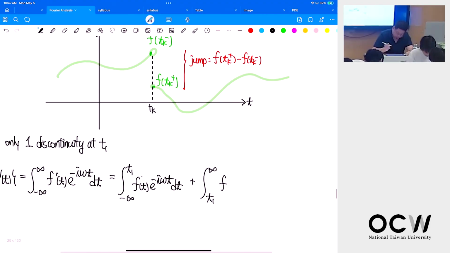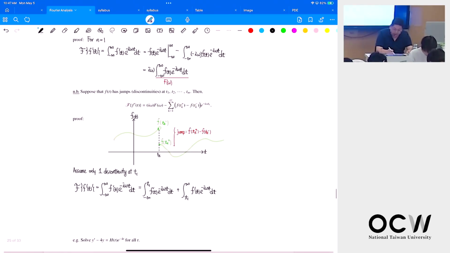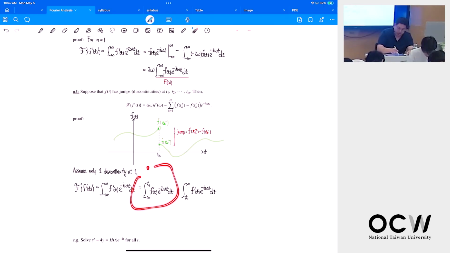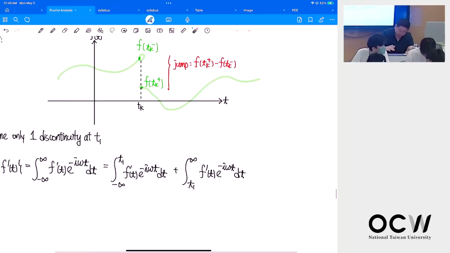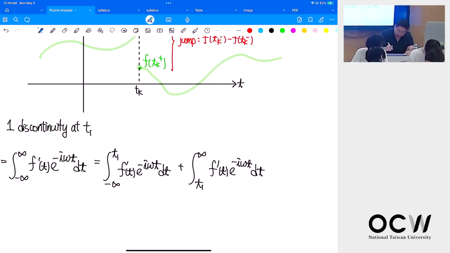I should have f prime. Okay, so for each part, first, I'll do the integration by parts. Second, I will also do the integration by parts. So overall, I have 4 terms. So this is the first one.